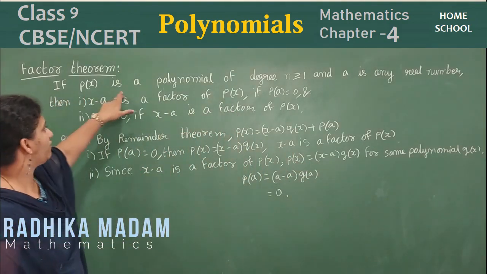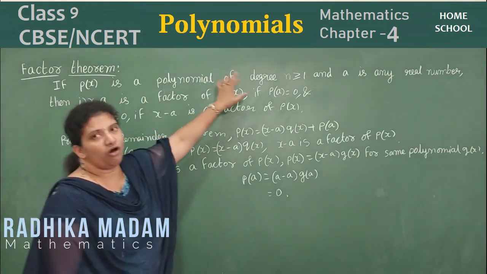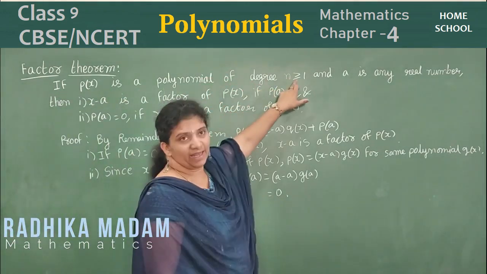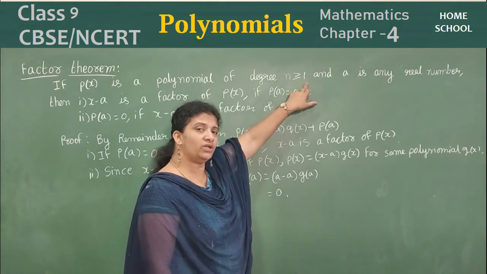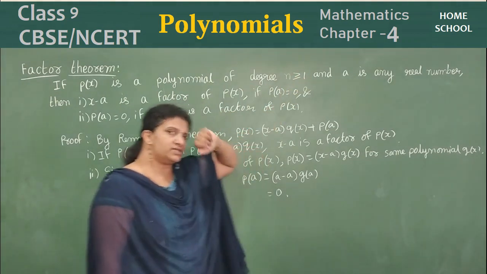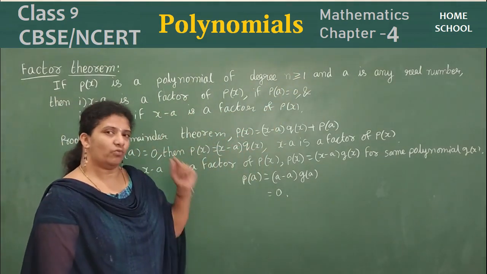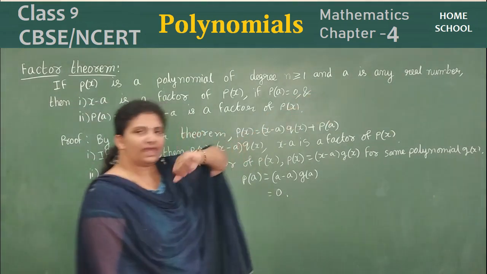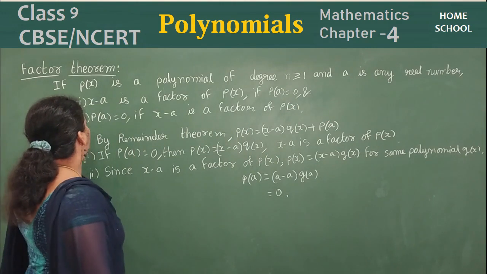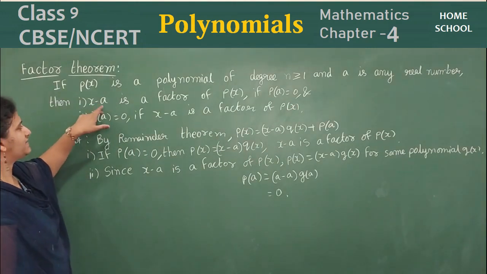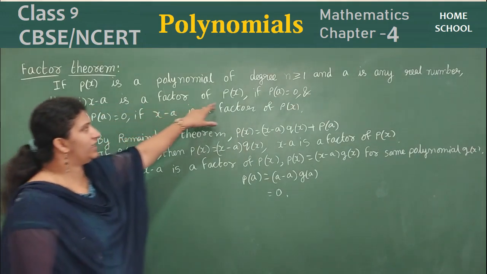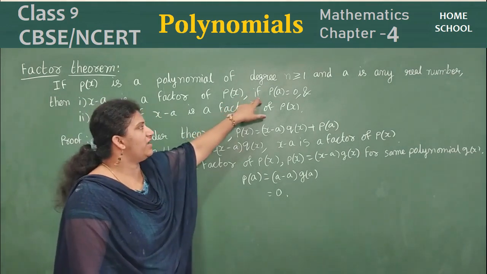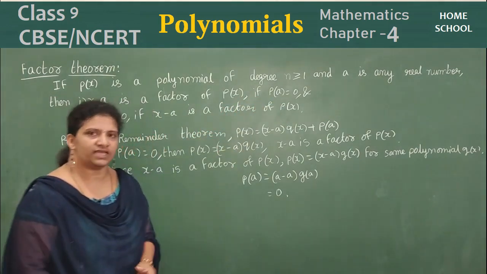If p of x is a polynomial of degree n greater than or equal to 1, so polynomial degree is 1 or greater than 1, and a is any real number, then x minus a is a factor of p of x if p of a is equal to 0.